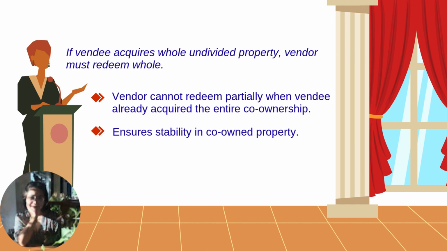So, this rule is a constraint on the original seller's right to partially redeem the property. The purpose of this article is to ensure stability in co-owned property and prevent the inconvenience of the vendee having to deal with fragmented ownership if the vendor could redeem only a small portion.